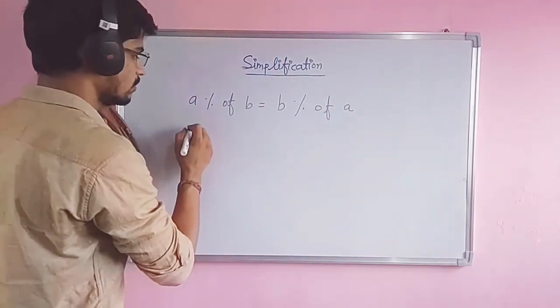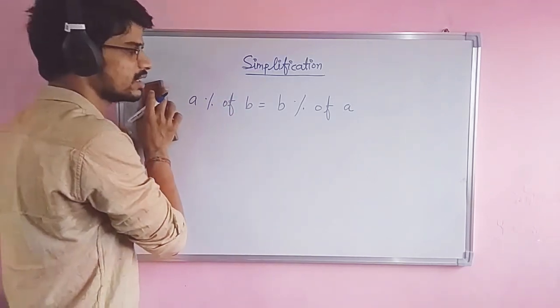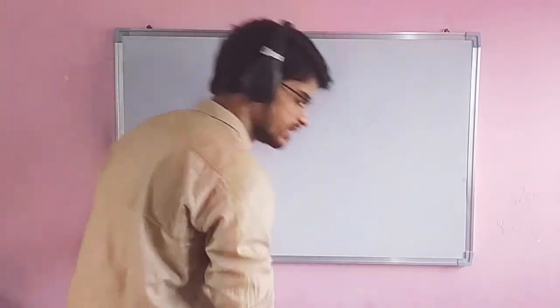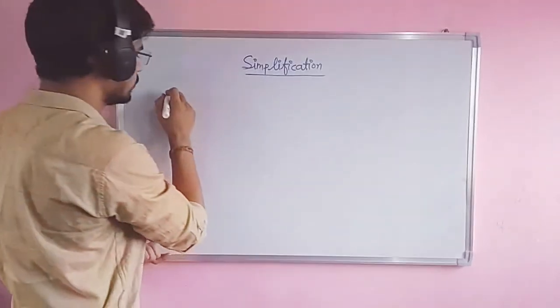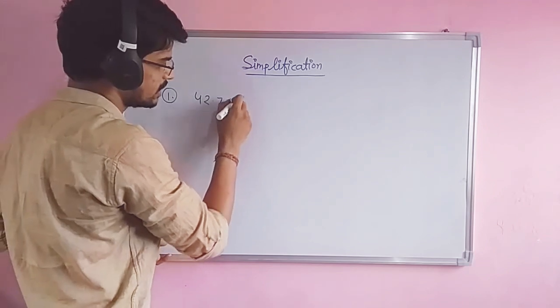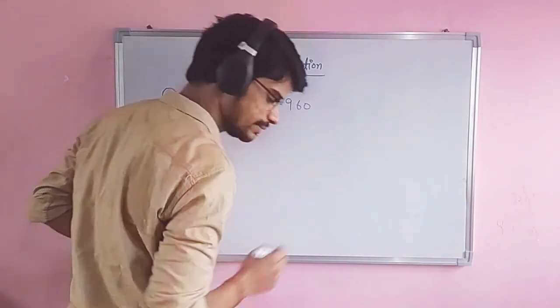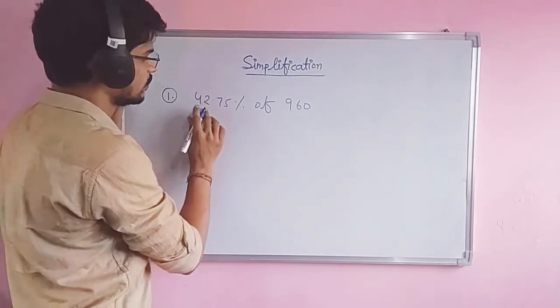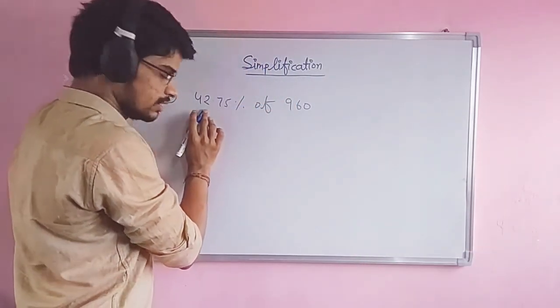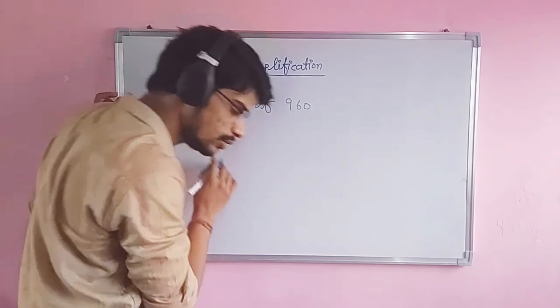We use this in the next examples. Question number 1 is 42.75 percentage of 960, how much? We wrote this one into the category 42.